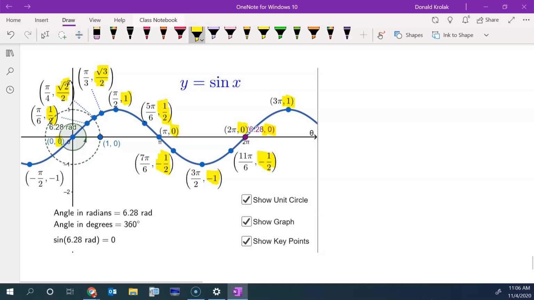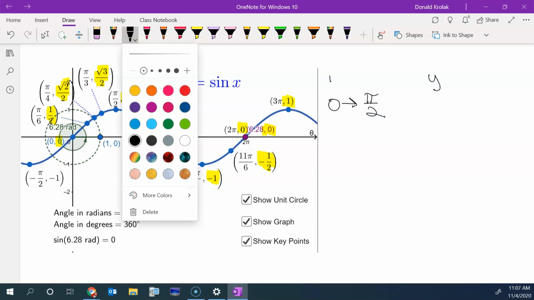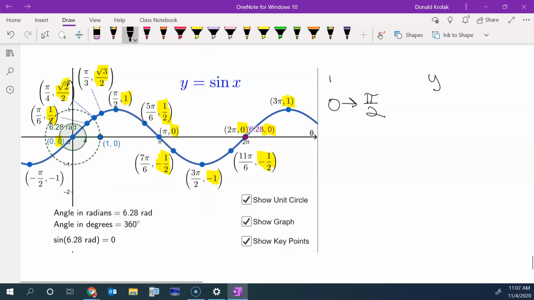As you go from 0 to pi over 2, how does the y coordinate change? Isaiah, at 0, what's the y coordinate? And then what does it increase to when it reaches pi over 2? 1. Yep, so it increases to 1.